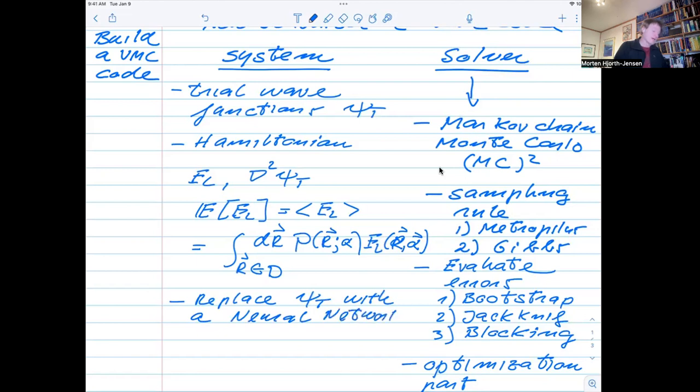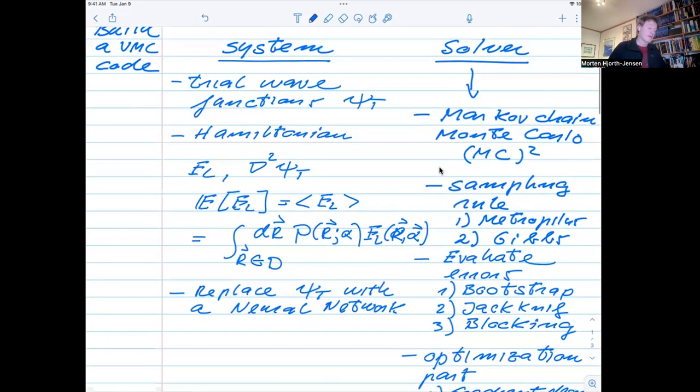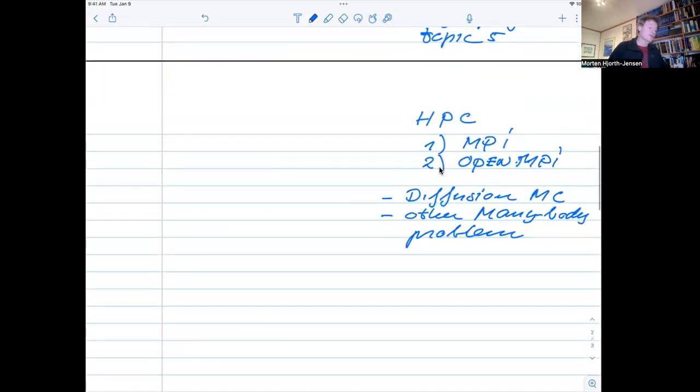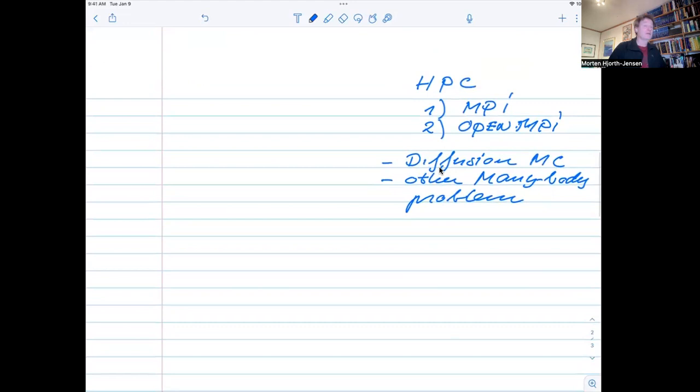And as I mentioned last time, for those of you who follow Physics 5429, there is a possible overlap between one of the projects there and the project which we are dealing with here. But what you see here now defines essentially the kind of topics which we are going to cover in this course here.